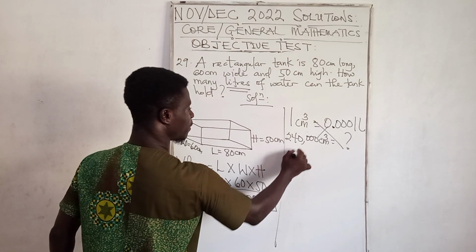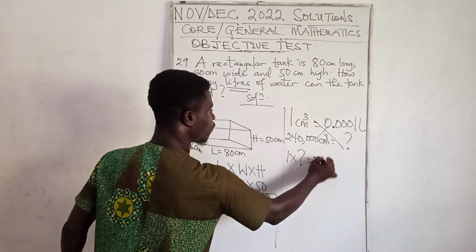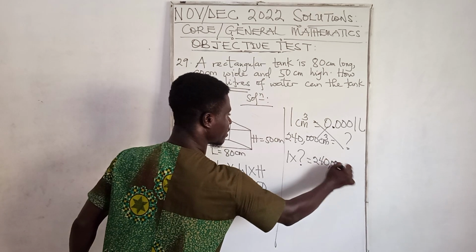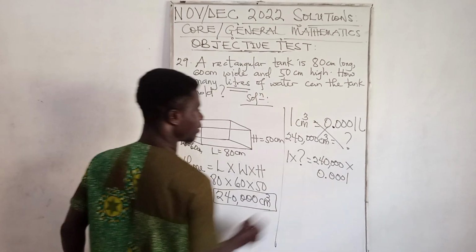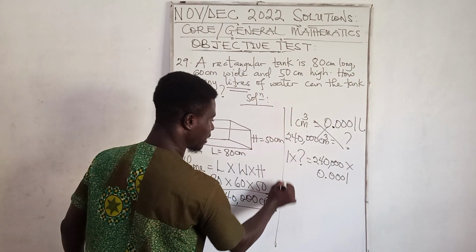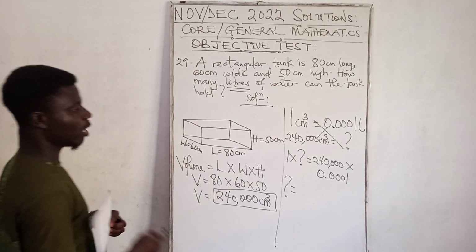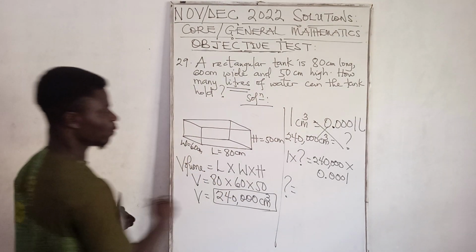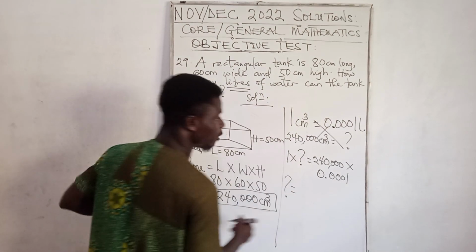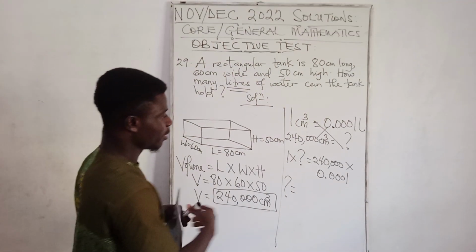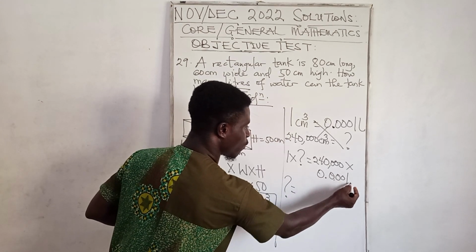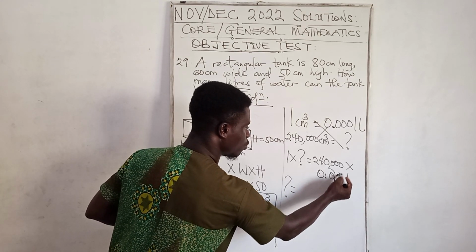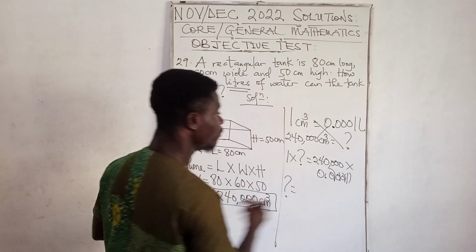So 1 multiplies question mark equals 240,000 times my what? 0.001. Right. So now 1 times question mark is question mark. So how can we multiply that? I have my 240,000. Now let's move the point. We move the point 1, 2, 3, so we've moved it that many times.